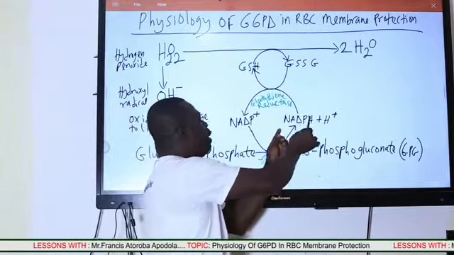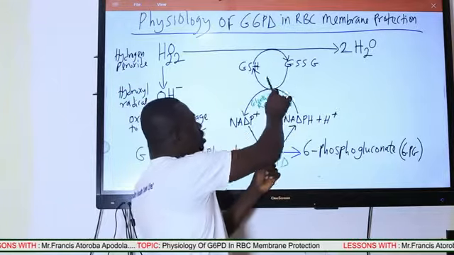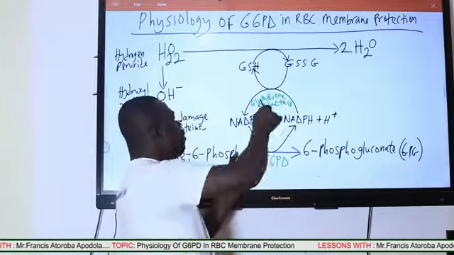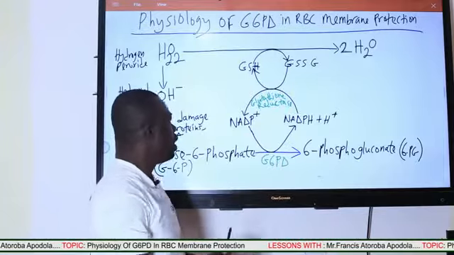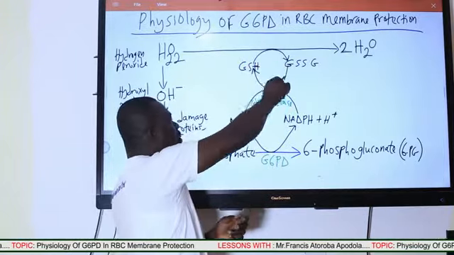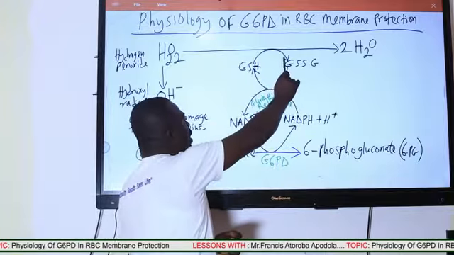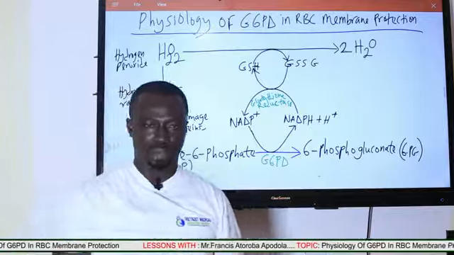So this NADPH serves as a donor of hydrogen to the oxidized glutathione, converting the oxidized glutathione to reduced glutathione. So this is typically a reduction reaction. From oxidized glutathione to reduced glutathione is a reduction reaction.